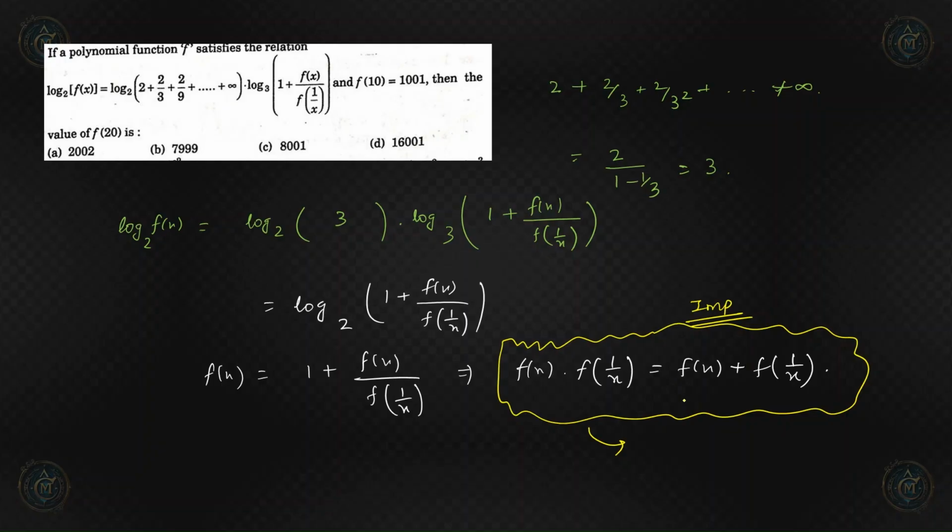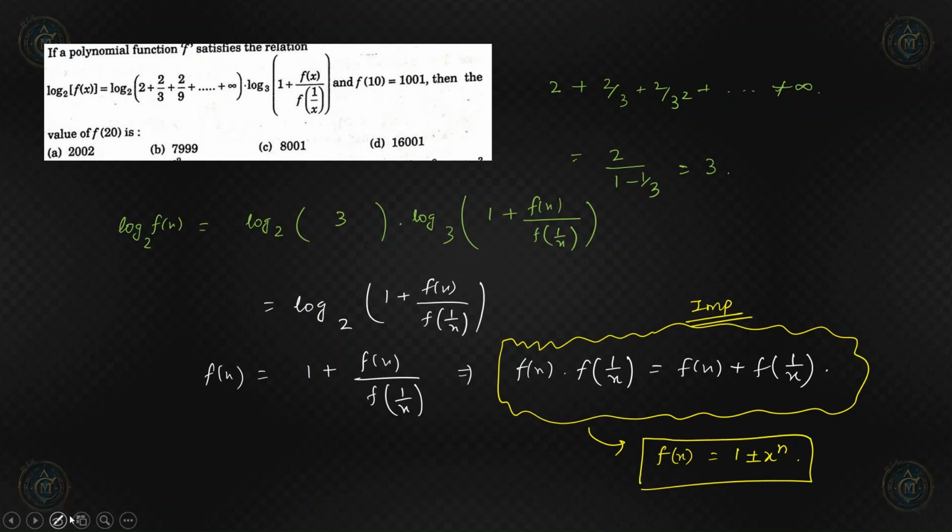We also have some other functional solutions if f is not a polynomial function. But in this case, if f is a polynomial, f must be of the form f(x) equal to 1 plus minus x to the power n. This is very important. You should note down.